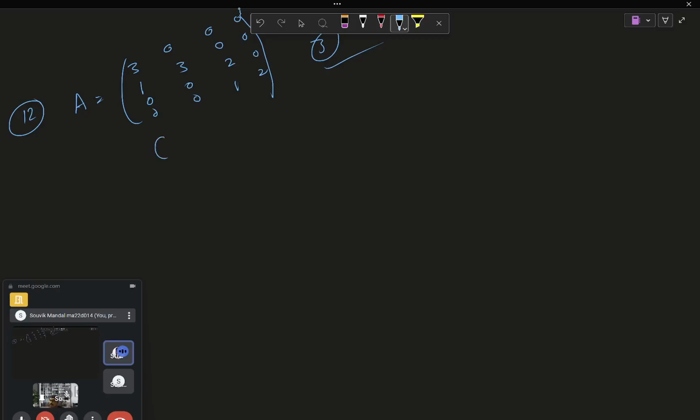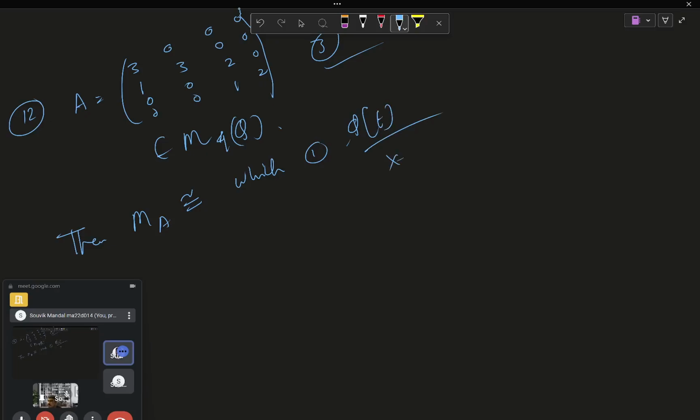Now the question is, this belongs to M_3(Q). Then M_A is isomorphic to which other module? Anyway, I am not writing down the full question because it will take more time.